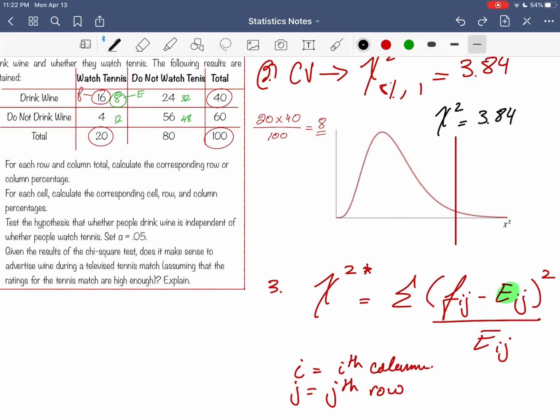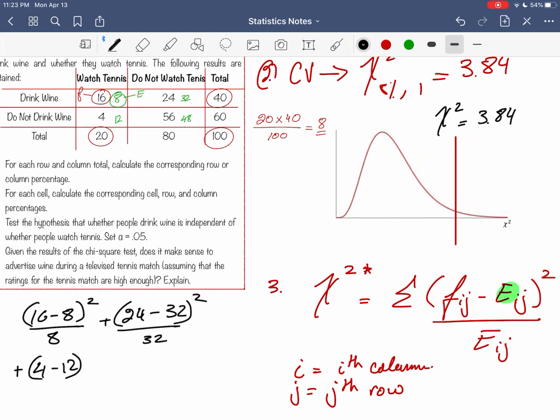Let's use a different color pen. 16 minus 8 squared divided by 8 plus 24 minus 32 squared divided by 32 plus 4 minus 12 squared over 12, plus 56 minus 48 squared divided by 48. 16.67. I rounded.